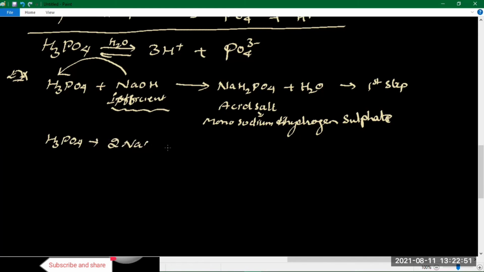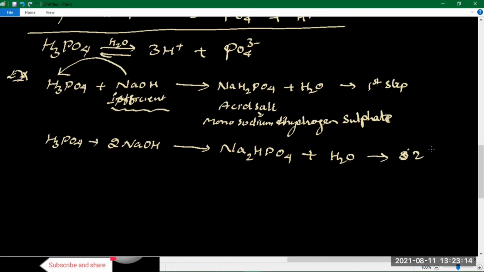Now let us treat the same H3PO4 with two molecules of NaOH. That means it is taking the second path. With two molecules of NaOH, two sodiums displace two hydrogens, and it forms Na2HPO4 plus H2O. This is in the second step.